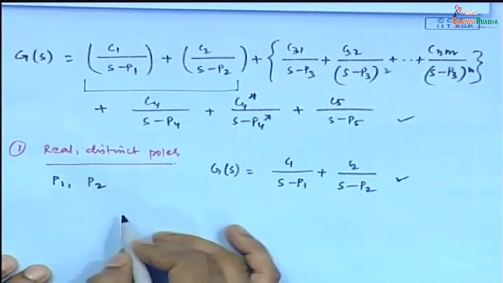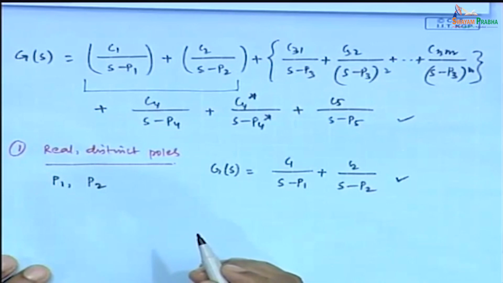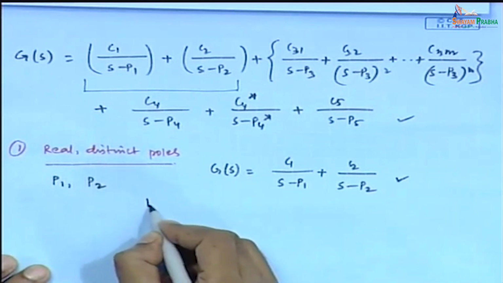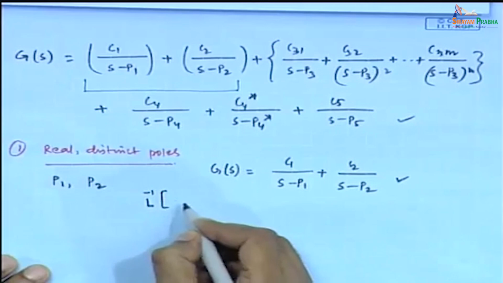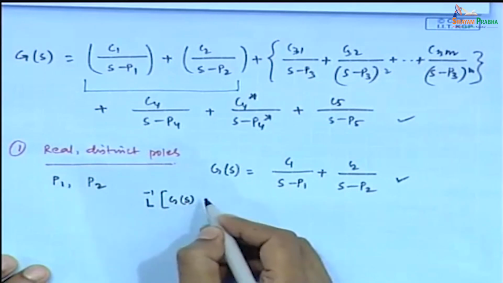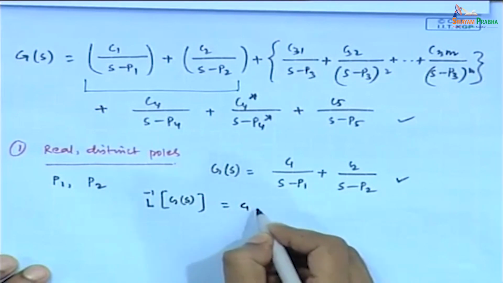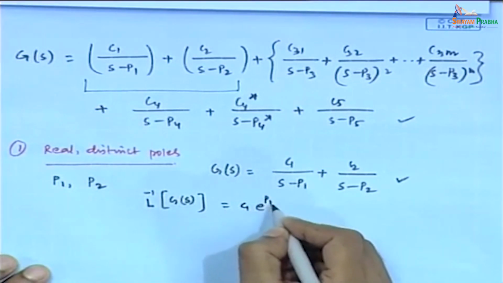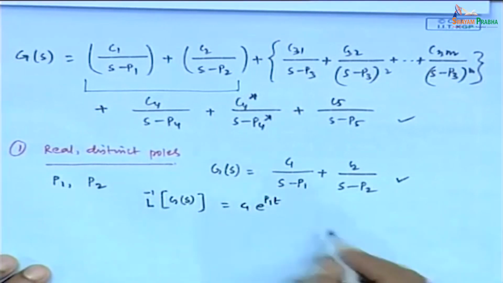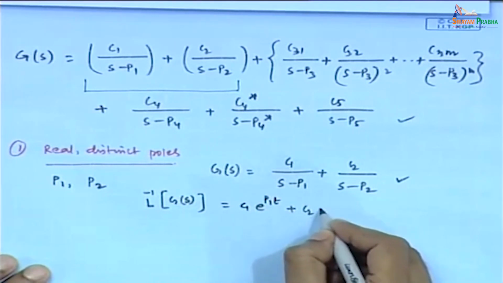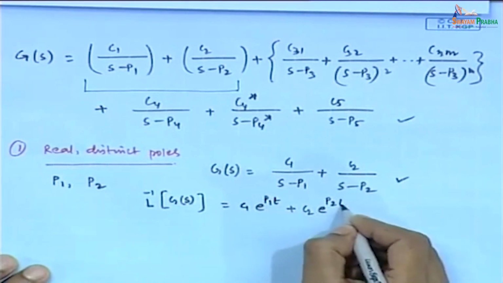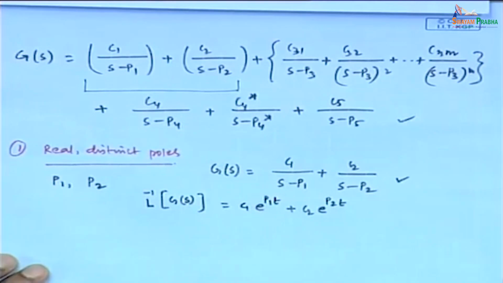Now, if we take the inverse of Laplace transform, what we get? We get C1 exponential of P1t plus C2 exponential of P2t.